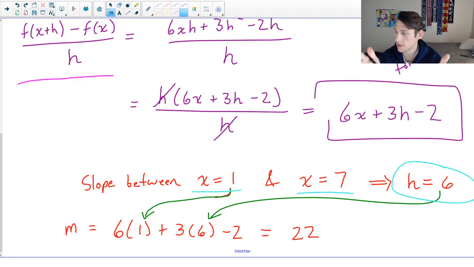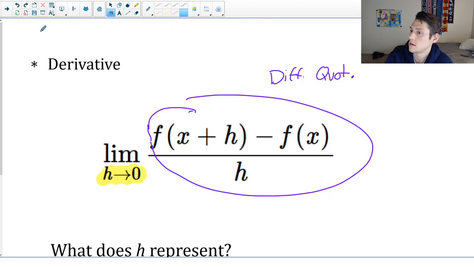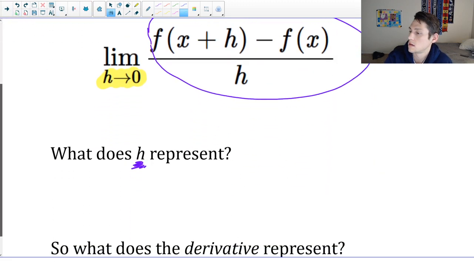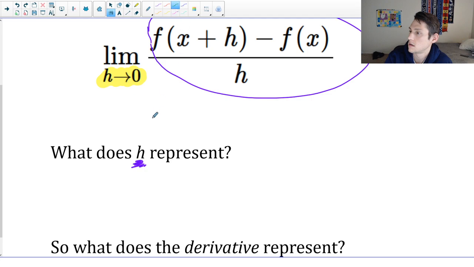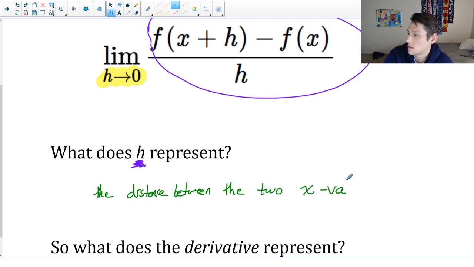From 1 to 7, that's a distance of 6, so that's what h is. The distance between the two x values.